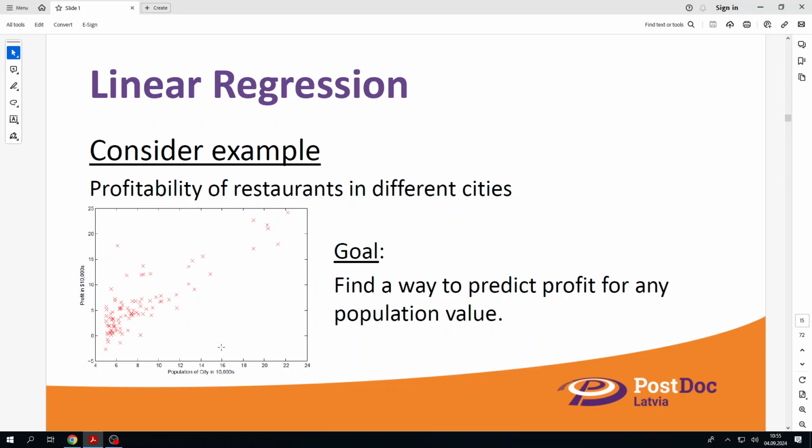And what you want to do is find some mathematical function, the law, which describes how exactly your profit depends on the population. Of course, this is an oversimplified problem, which does not include any other factors like where exactly in the city your restaurant is, whether there are any competing restaurants nearby, and all that stuff.